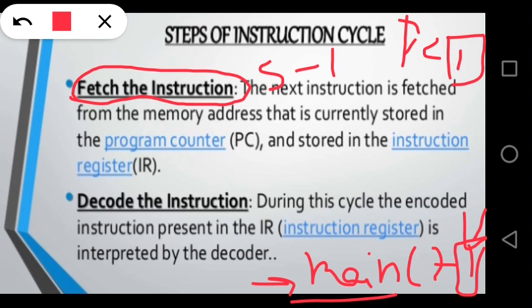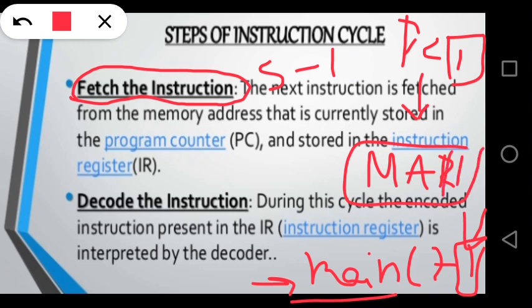So transfer this PC to MAR. So the MAR contains 1 now, and you know that you have to perform a read operation. That read operation, what it does, the address present in MAR is verified: is there any memory location in the memory with that address?